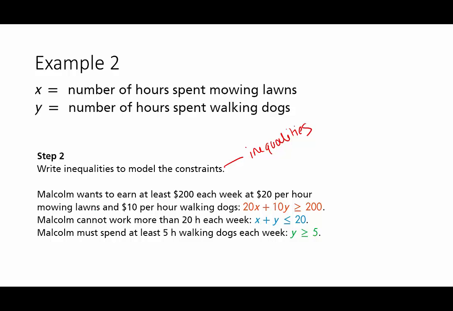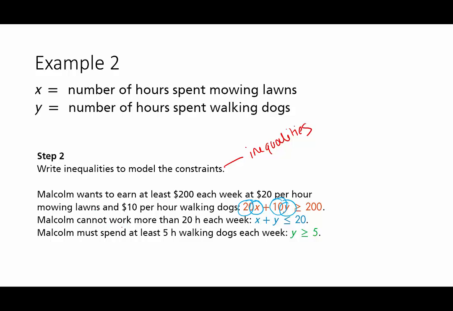So our equation shows the $200 isolated on one side. And the reason why the smaller end, so the closed mouth of the alligator, is pointing towards the 200 is because we want the other side to end up being more than $200 because he's asking for at least 200. And he is making $20 per hour that he mows the lawn and $10 per hour that he walks the dog. So that's our first constraint.